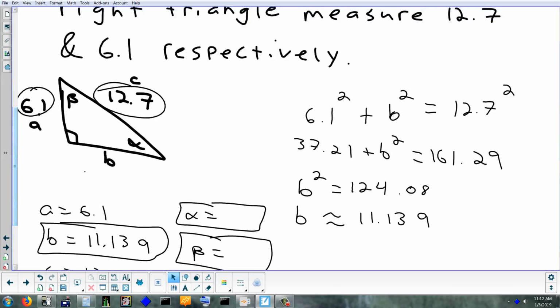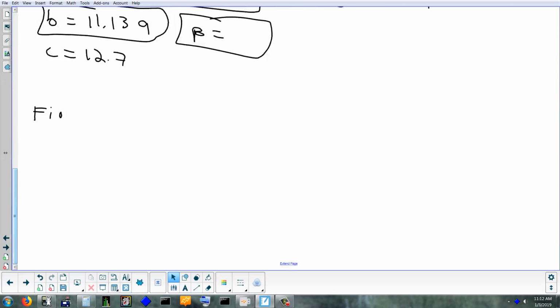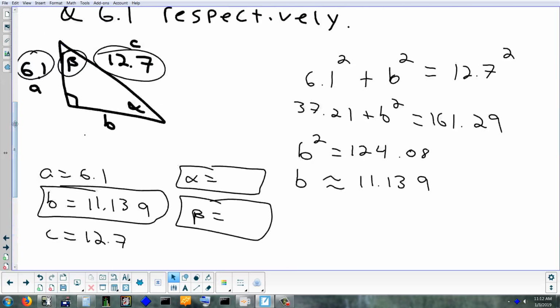And now at this point, we can pick either alpha or beta. Let's do beta. So we're going to find beta. From the perspective of beta, what two sides are circled? Opposite and hypotenuse, or adjacent and hypotenuse, or opposite and adjacent?